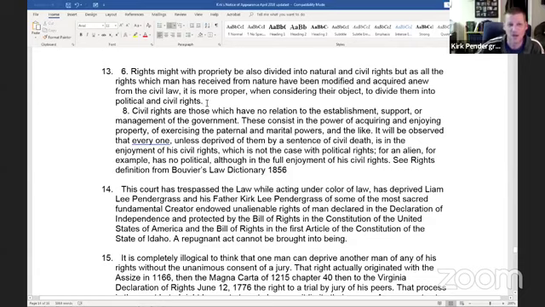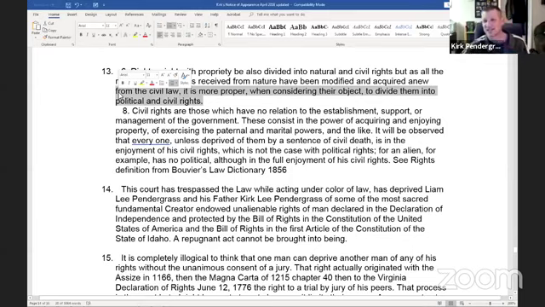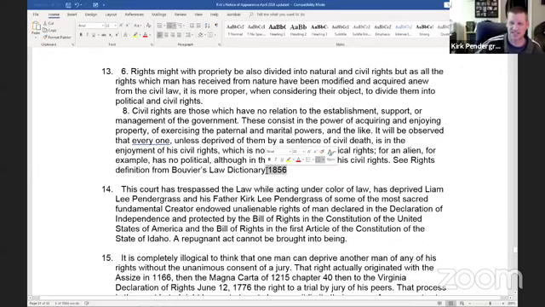Although this would also be a scheme, scam, fraud, because natural rights are natural rights. They're creator-endowed rights. But number 8 under the definition of rights in Bouvier's Law Dictionary from 1856, which is after 1776.